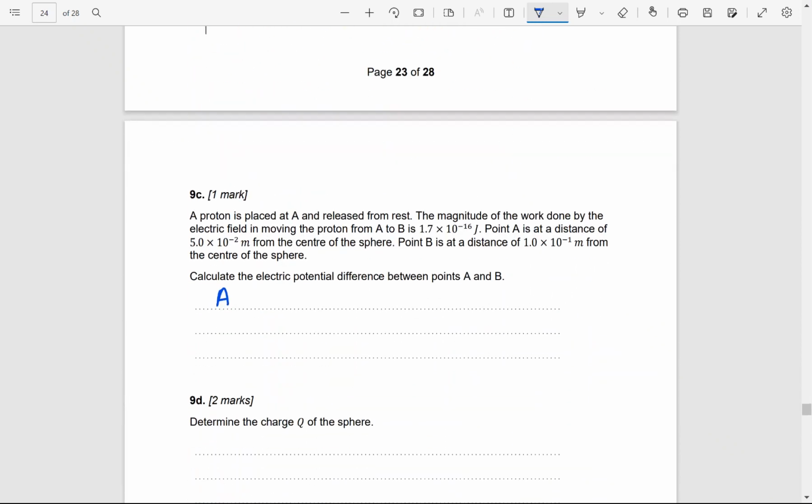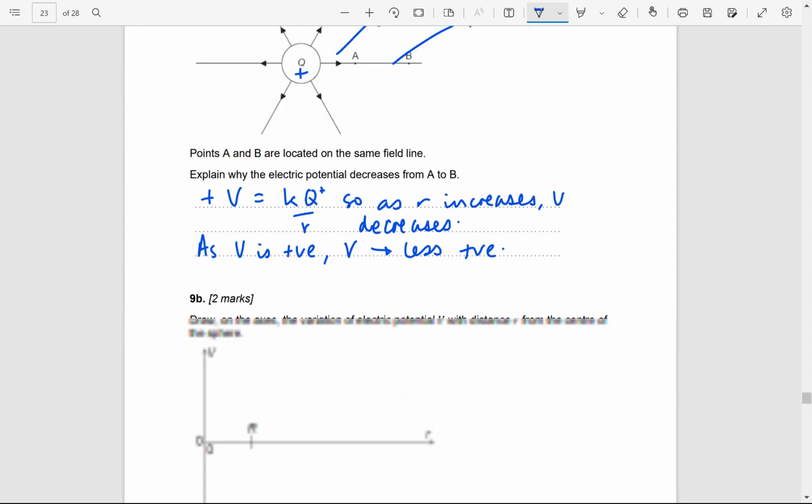Okay, so we're going from the difference, A minus B. So we've got KQ over R minus KQ.